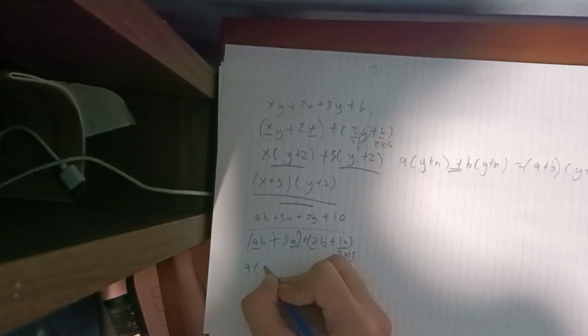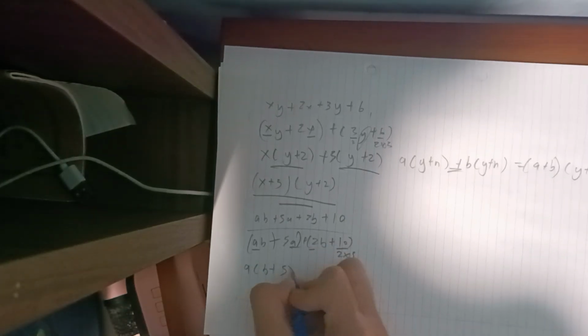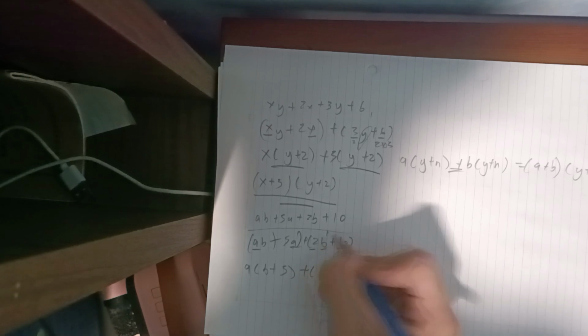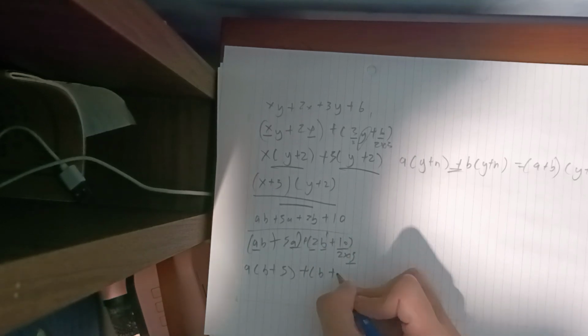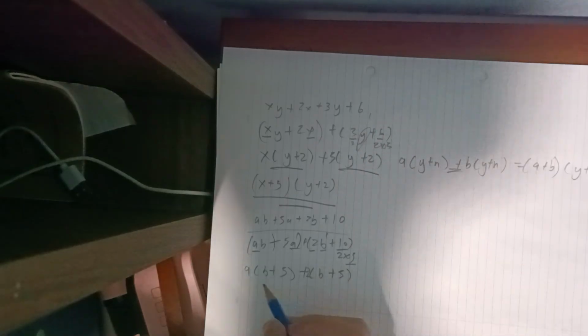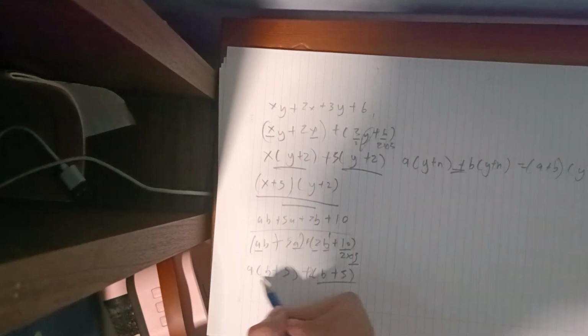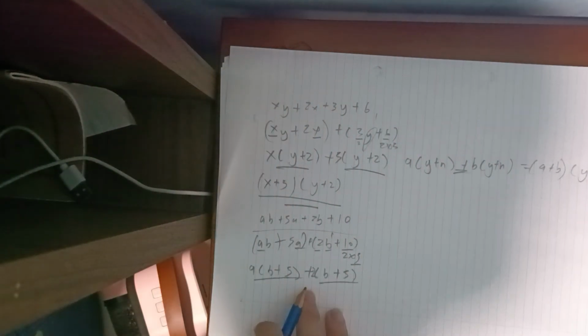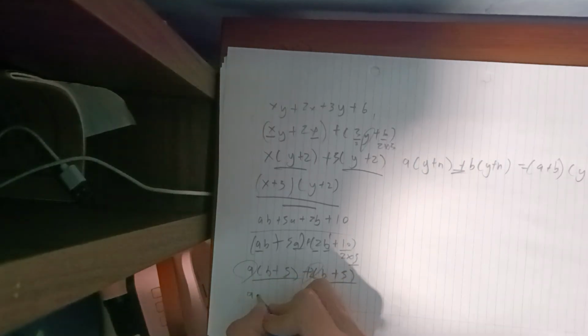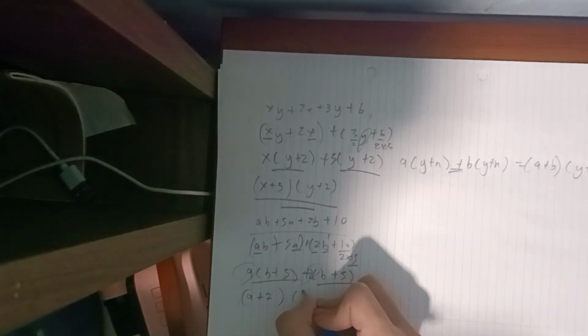So a(b plus 5). Once again, factorize this out. The b will always stay as 1. So 2(b plus 5). Notice again, these two are the same, so we can factorize these two out. So (a plus 2)(b plus 5).